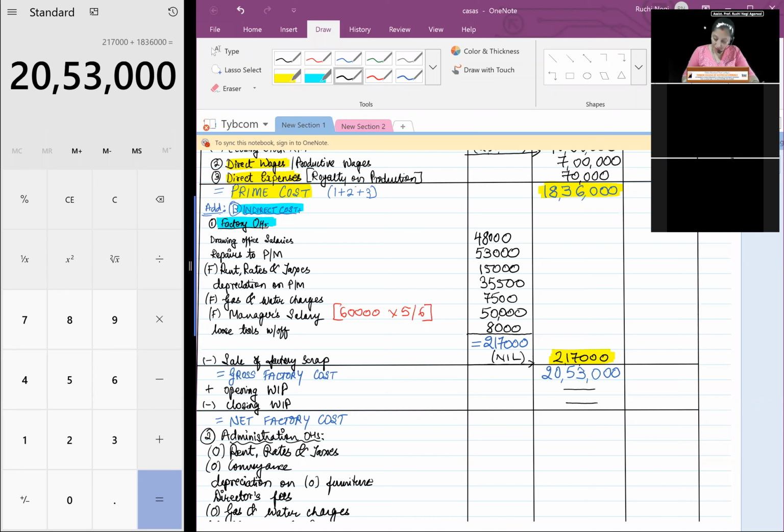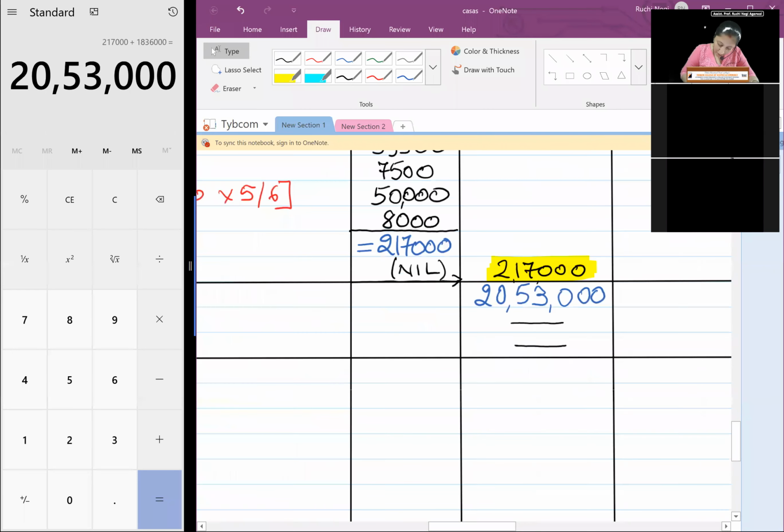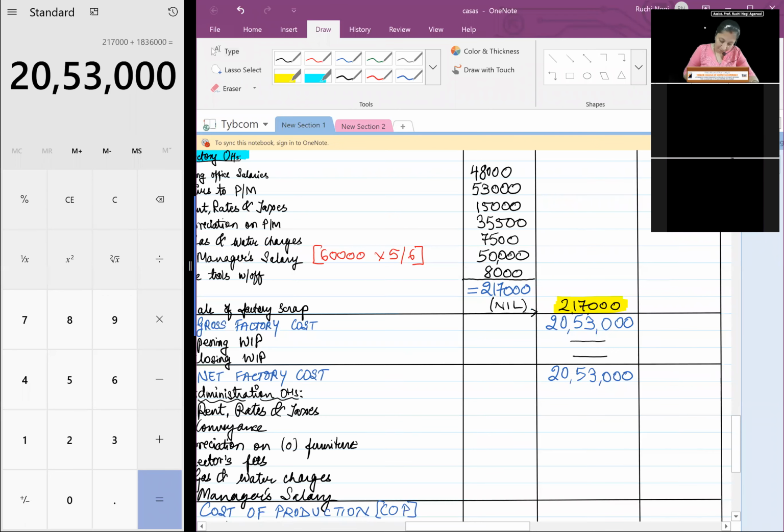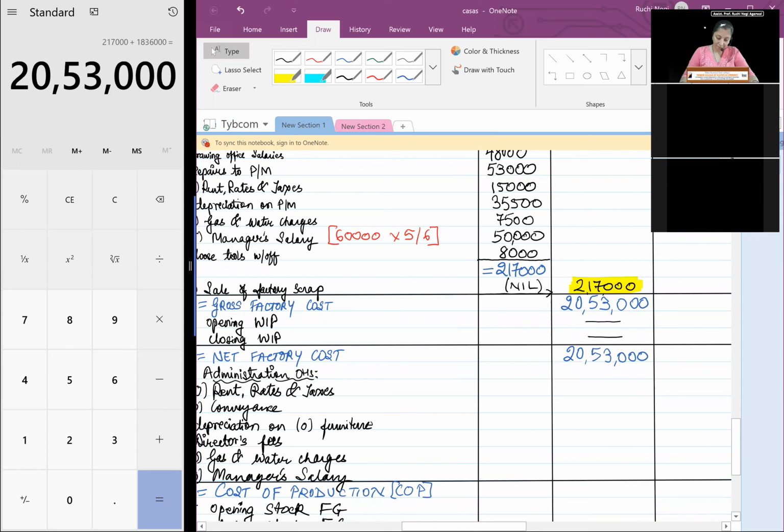Nothing is given, meaning it is 0, right? So I will get the same answer, 20,53,000. Okay, so this is my net factory cost. So this is the gross factory cost, net factory cost. See this.